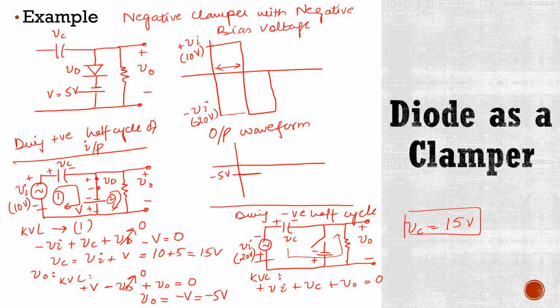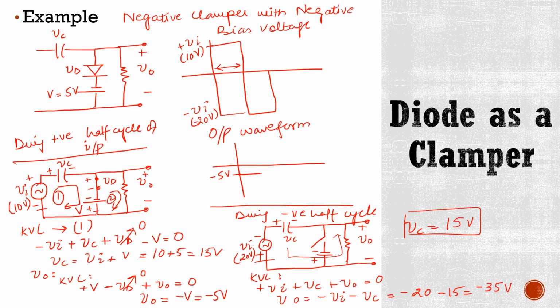And it means now this V naught is equal to minus Vi minus Vc, equal to minus 20, because now we know that Vi is 20, minus 15, which is equal to minus 35 volts.